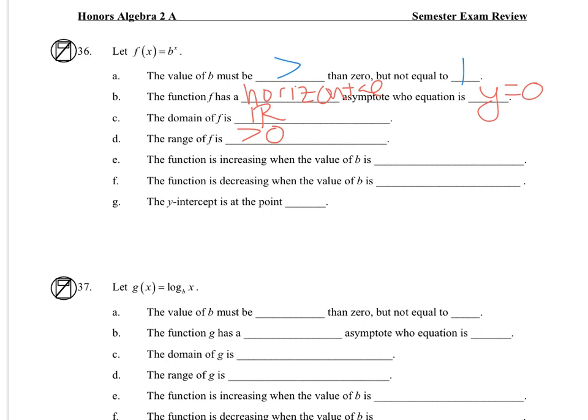And then it's increasing, so if our base is more than 1, our graph will be increasing. If our base is between 0 and 1, it's decreasing. And the y-intercept is at 1. Oh, but it says at a point. So I'm going to write it as a coordinate, 0, 1.